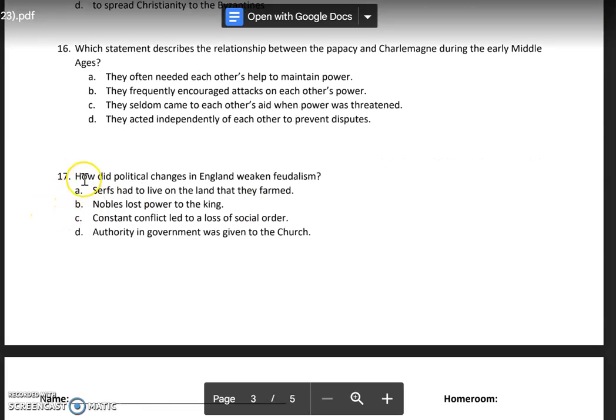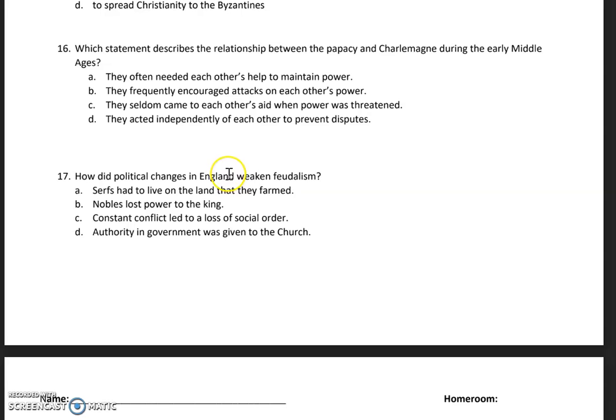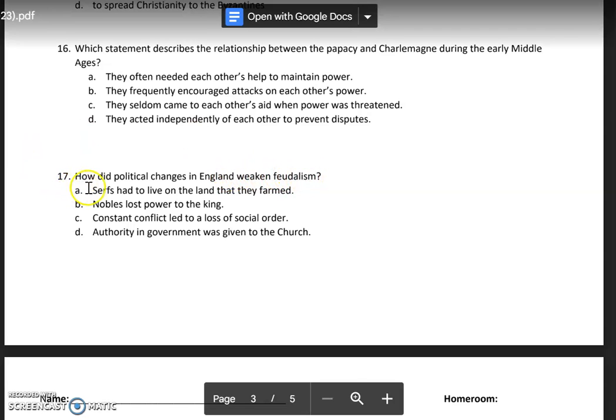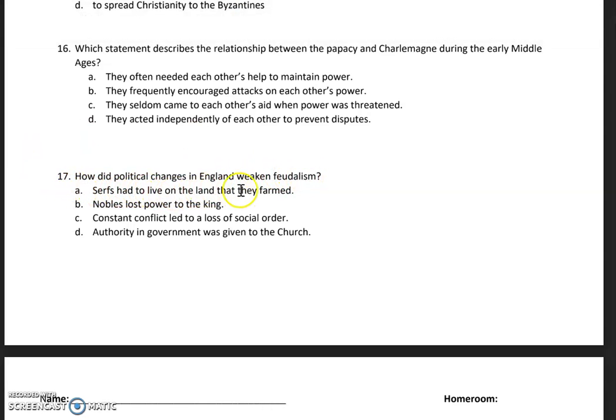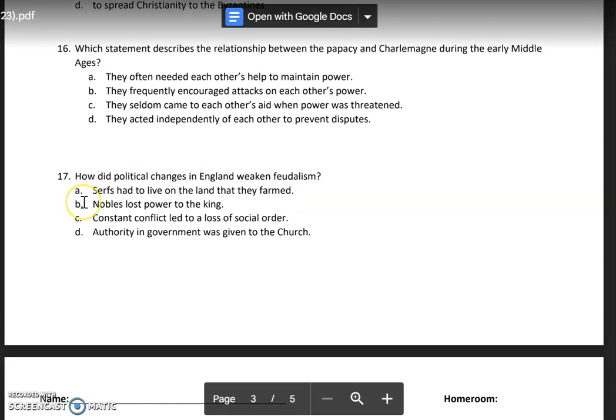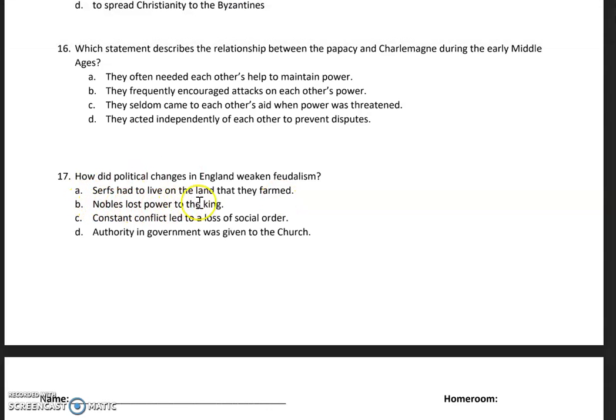Number 17. How did political changes in England weaken feudalism? A. Serfs had to live on the land that they farmed. B. Nobles lost power to the king. C. Constant conflict led to the loss of a social order. D. Authority in government was given to the church.